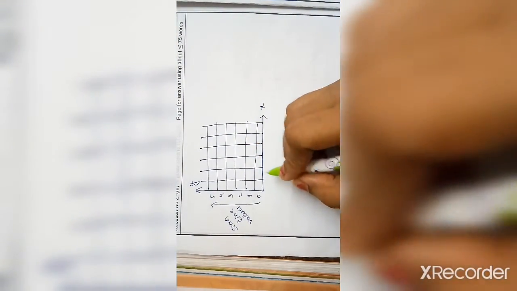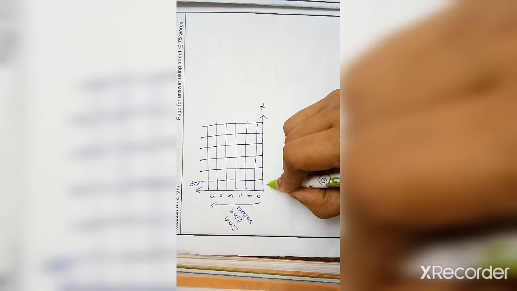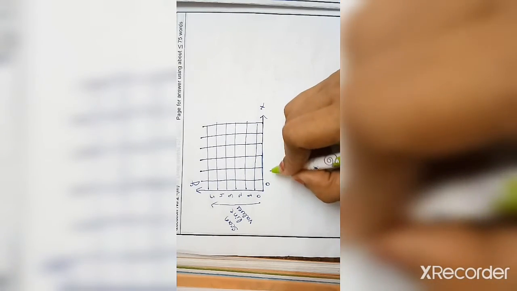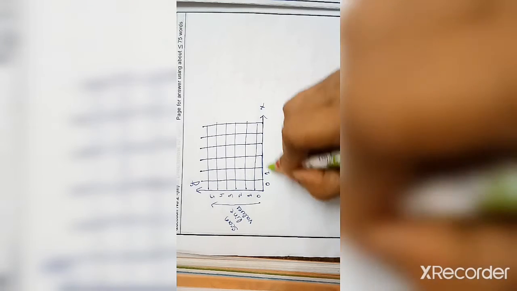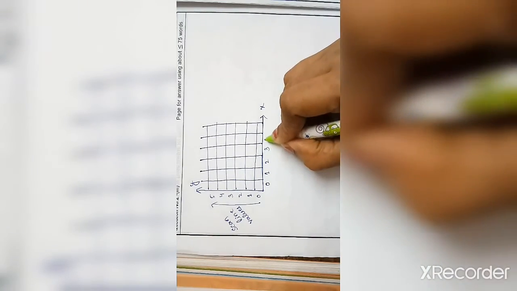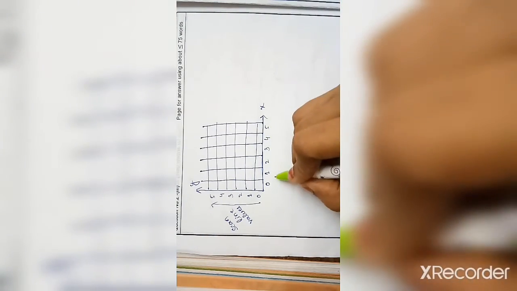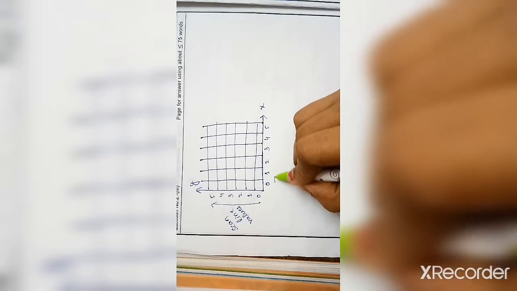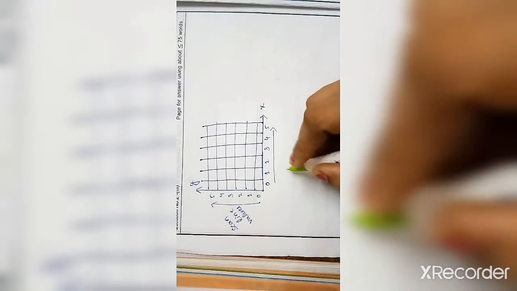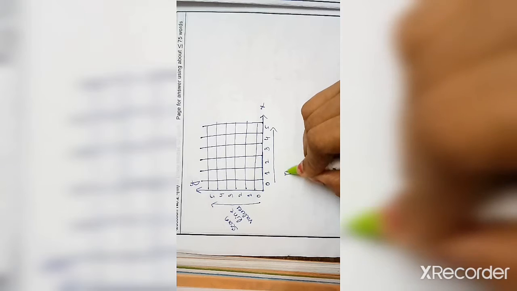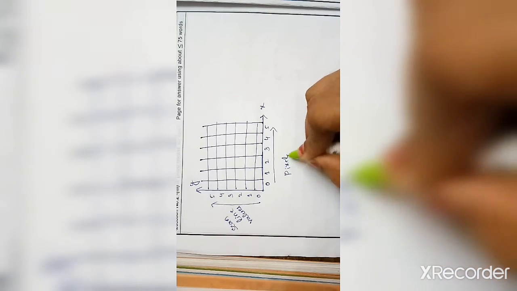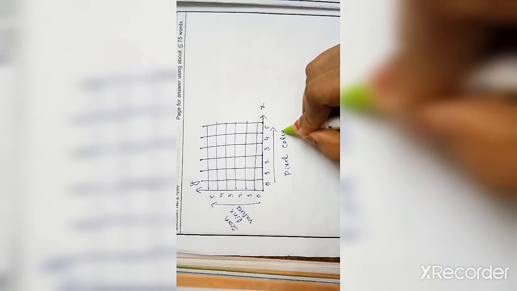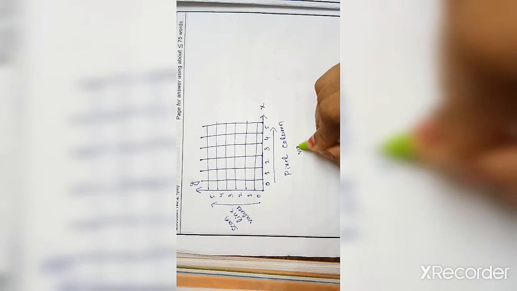These column lines represent the pixel column values 0, 1, 2, 3, 4, 5, like this. This is known as pixel column values.